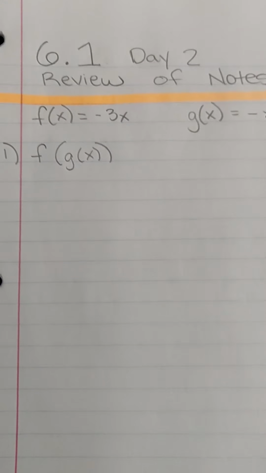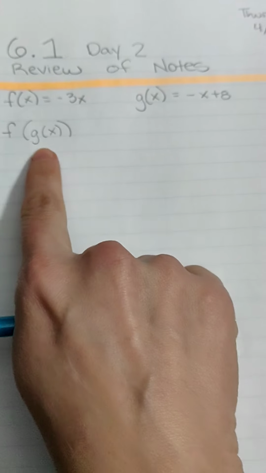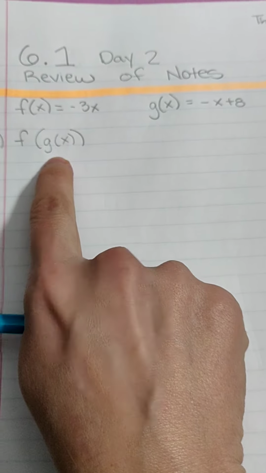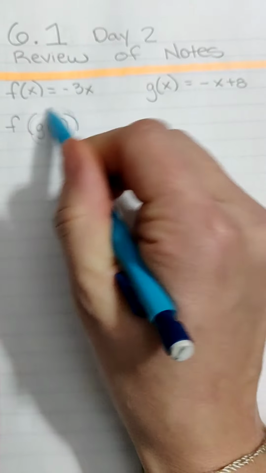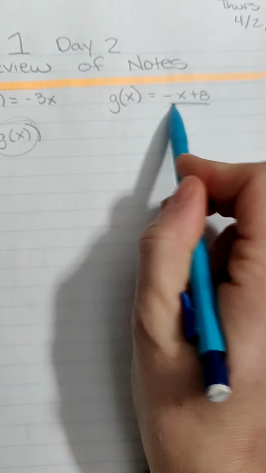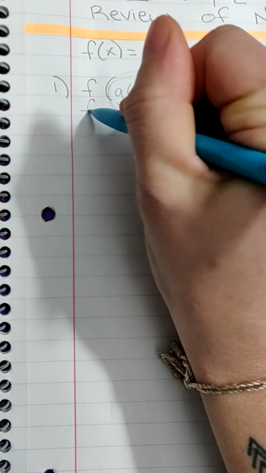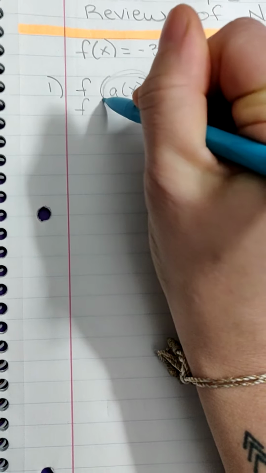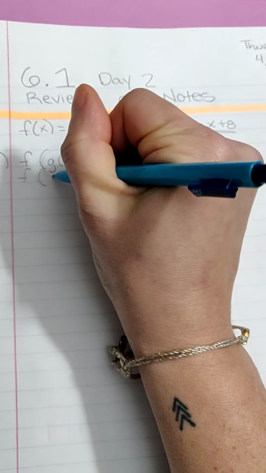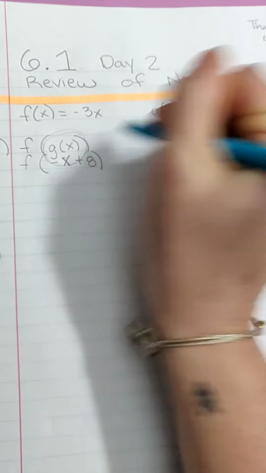And back to math. All right, so when we see a problem that looks like this, what we need to do is look at what g of x is. So here it is negative x plus 8. So f is going to stay the same, and g of x is going to be replaced with negative x plus 8. So I'm going to write negative x plus 8 here.